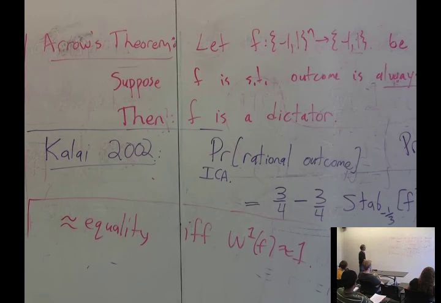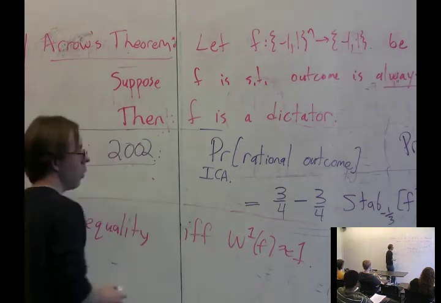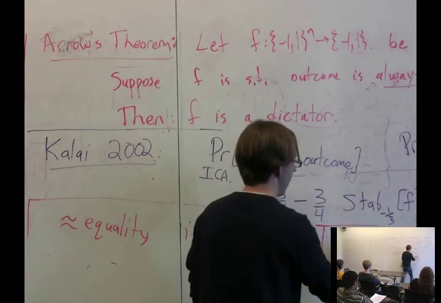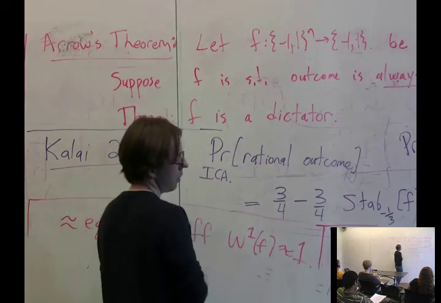Yeah, so just as an aside, Kalai makes Arrow's theorem kind of robust. You can prove that you have almost equality if and only if f has almost all its weight at level 1. And you might ask, is this the same as almost being a plus or minus dictator?